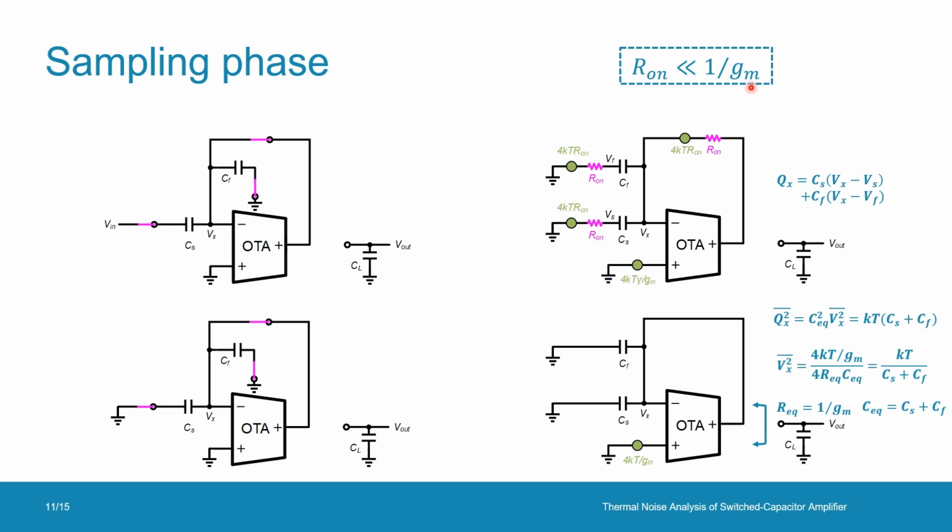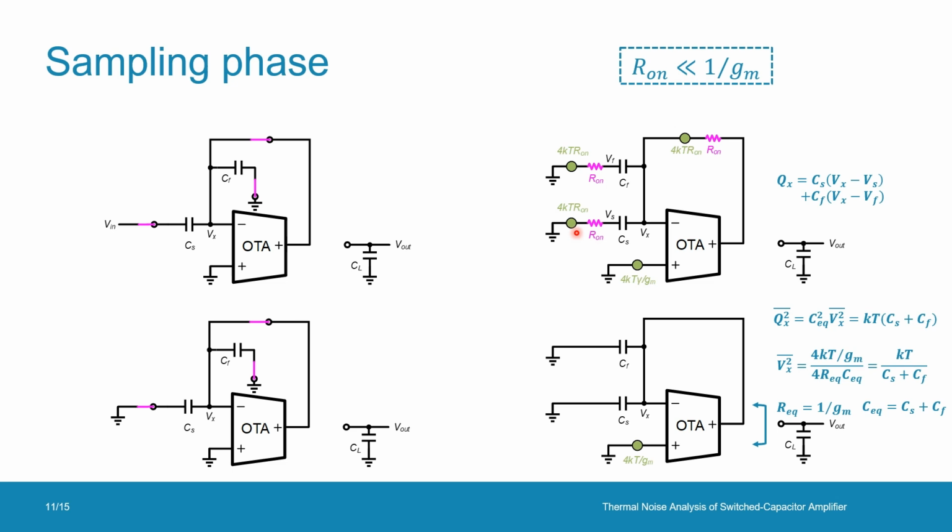Because in this case, the resistor noise PSD 4kT Ron is way smaller than the OTA noise 4kT over GM. And if we pass them through the similar integration noise bandwidths, the resistor noise contribution becomes pretty much negligible.